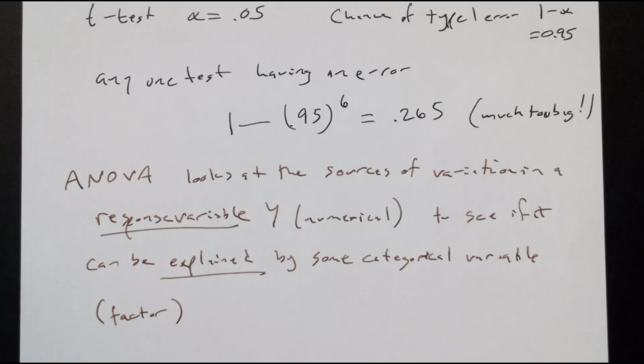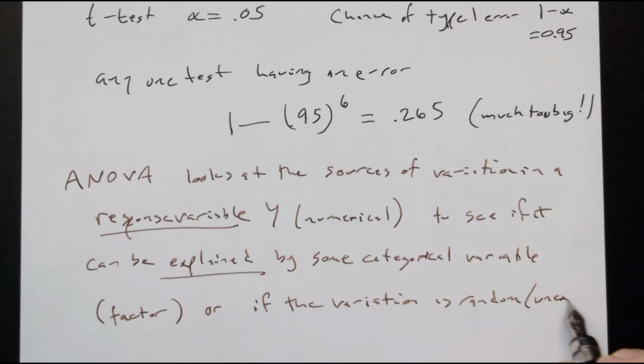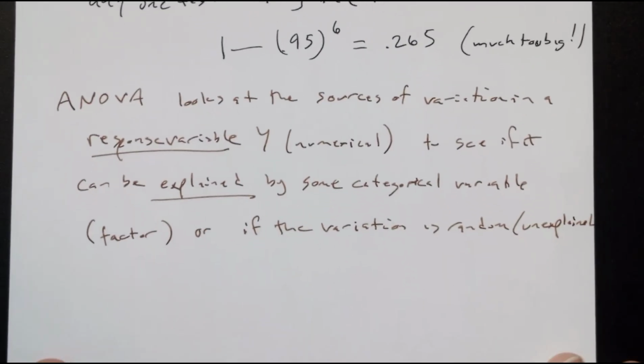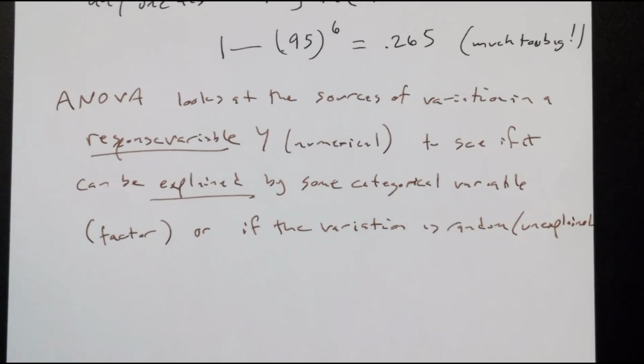Or if that is random variation, unexplained random error. Sampling variation, right? We had sampling variation when we did multiple samples.